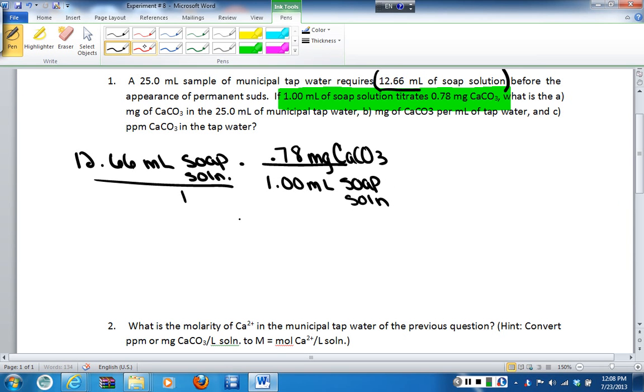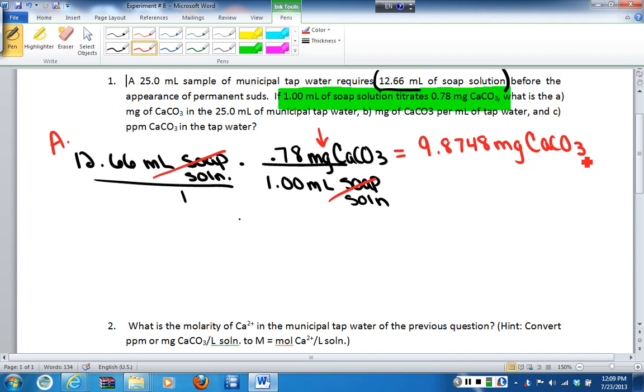If we cancel our units, mL of soap solution cancel, leaving us with milligrams of calcium carbonate in the 25 mL of municipal tap water. So this answers part A of the question. When we do our calculation, we get an answer of 9.8748 milligrams of calcium carbonate.